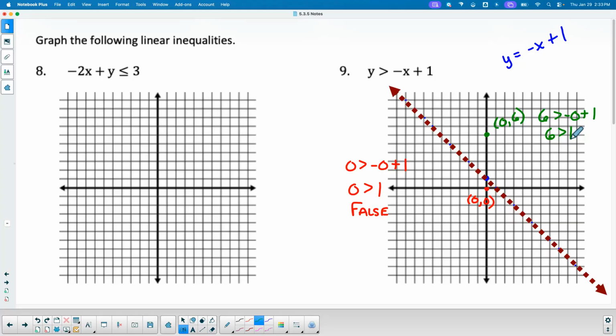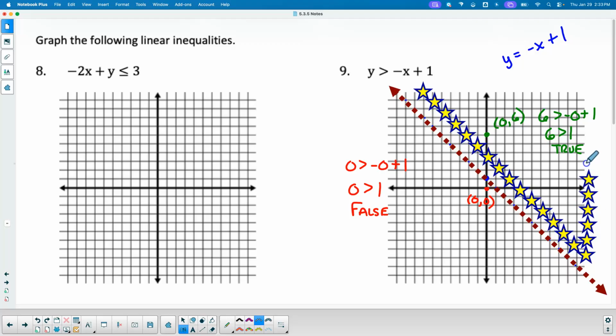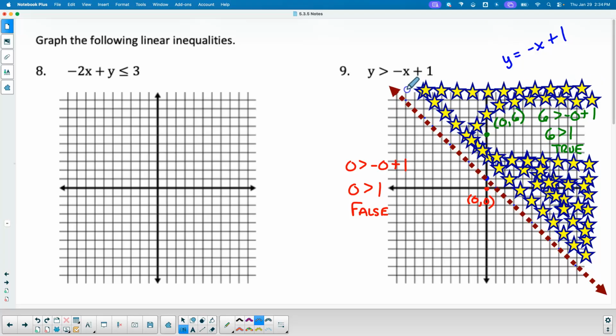Is 6 greater than 1? Yeah, so that gives me my true statement there. So then that just reaffirms that I need to shade on this side of the line.